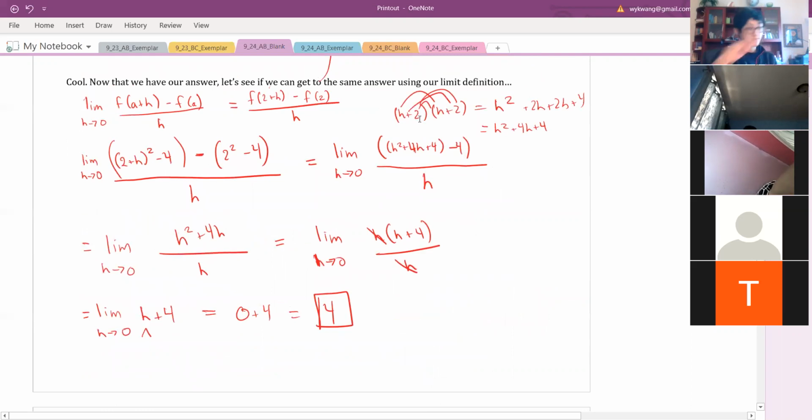I'm going to just sit on the screen for like 30 seconds for everyone to catch up. Maybe a minute or so, actually. But yeah, again, the limit definition of a derivative is very tedious, very annoying.